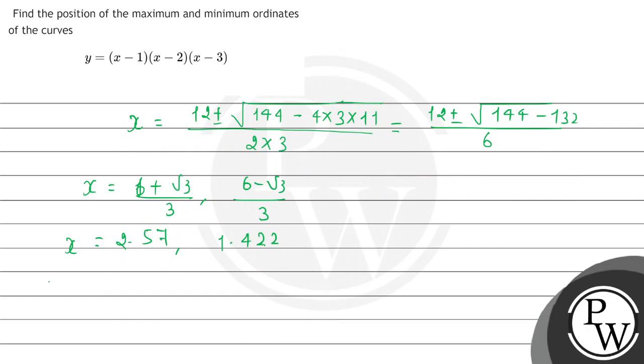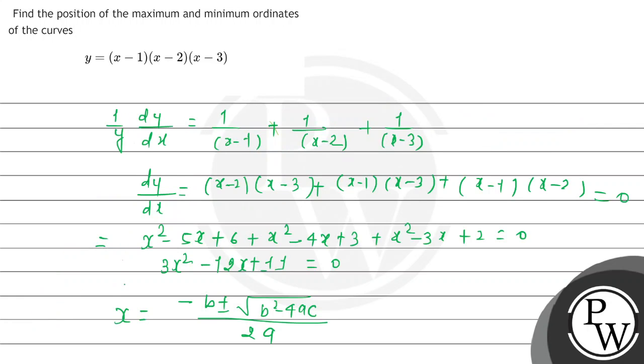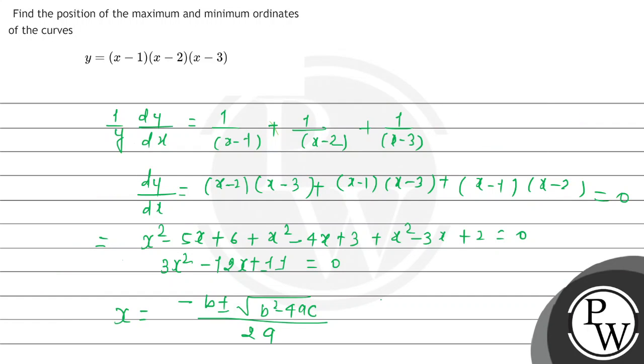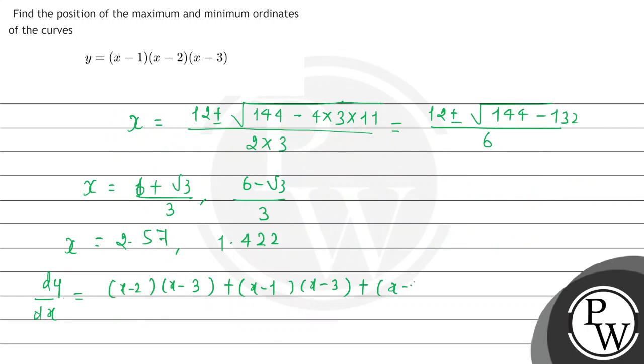First we'll write that equation again and then we'll differentiate. So dy/dx was the function (x − 2)(x − 3) plus (x − 1)(x − 3) plus (x − 1)(x − 2). Now we have to again differentiate it with respect to x.